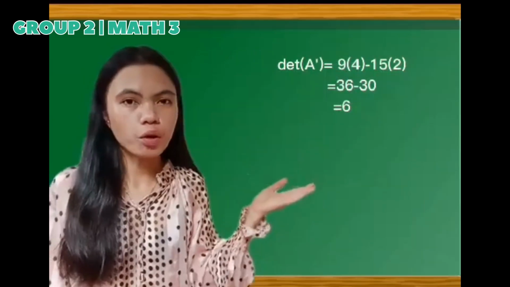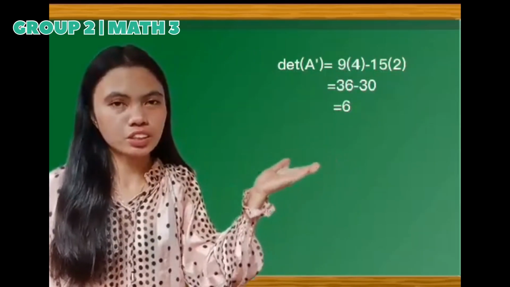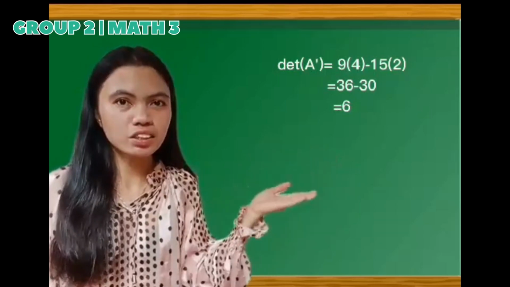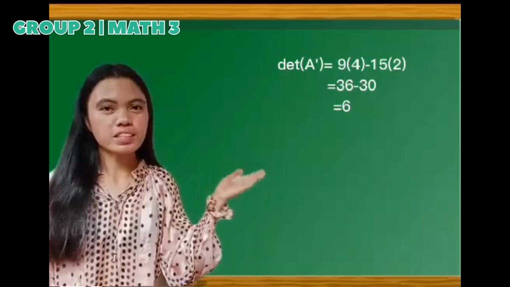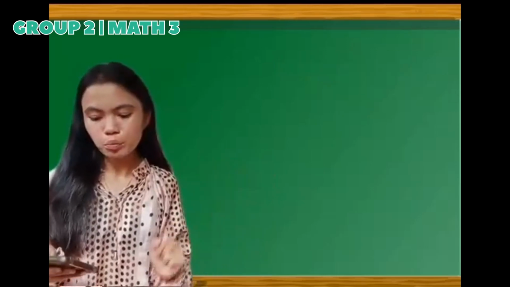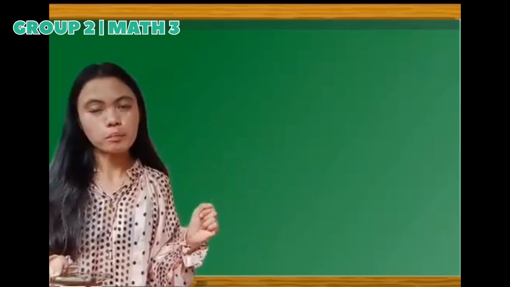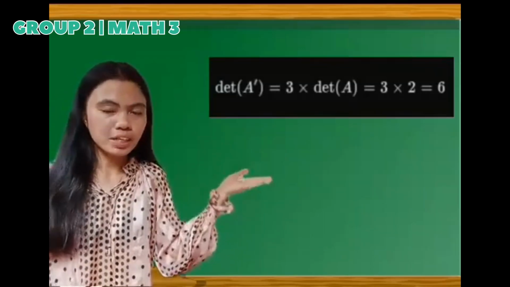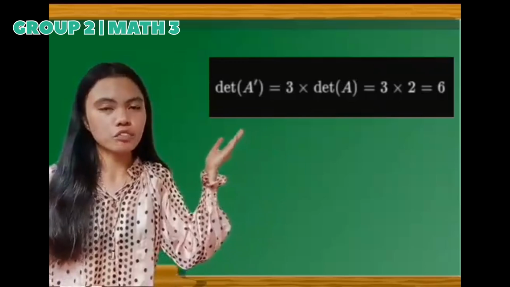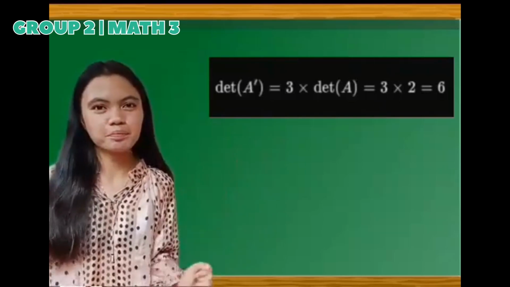So 9 times 4 equals 36 and 15 times 2 equals 30. So 36 minus 30 equals 6. So the determinant of A prime equals 6. Since we multiplied one row by 3, the determinant is also multiplied by 3. So the determinant of A prime equals 3 times the determinant of A equals 3 times 2 equals 6.